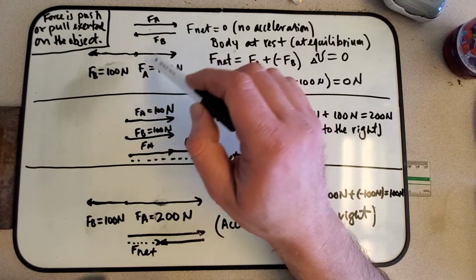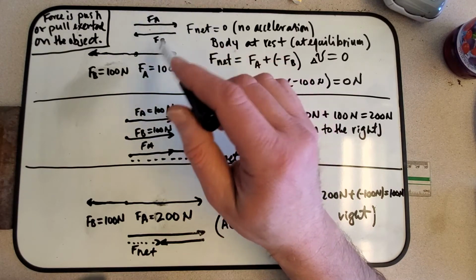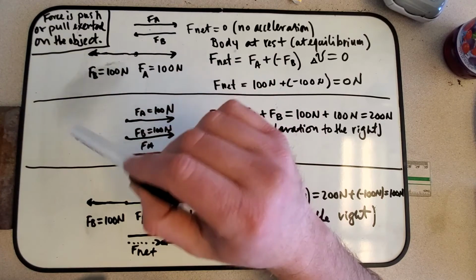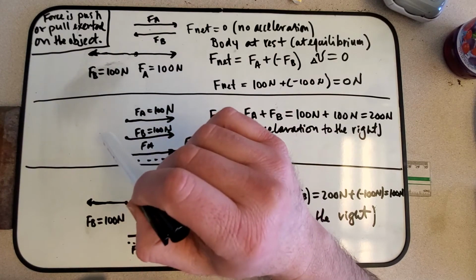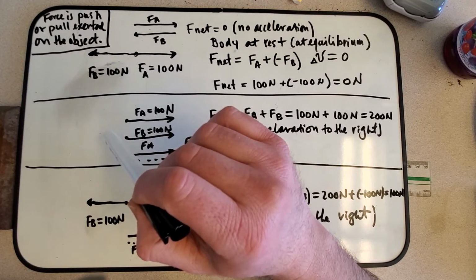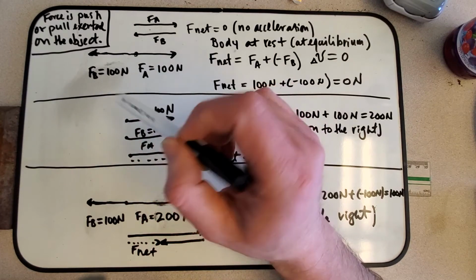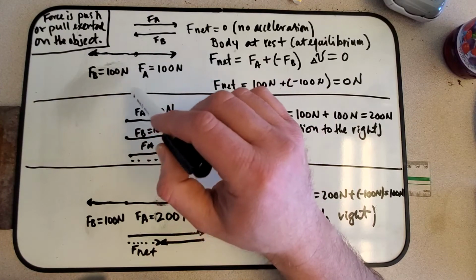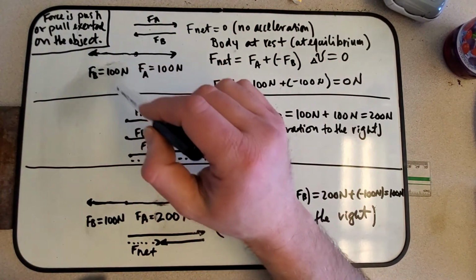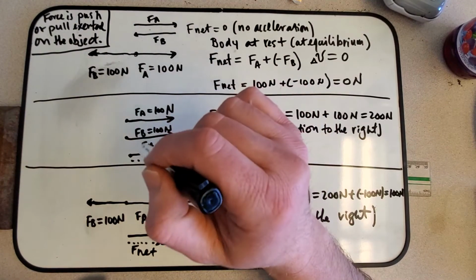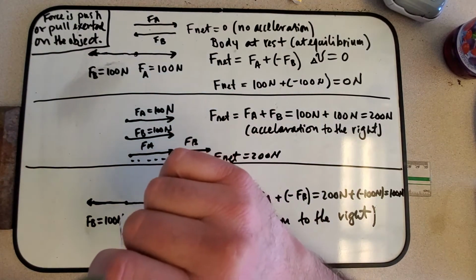One person pulls with 100 newtons, and the other person pulls in the opposite direction. Force is a vector. What does it mean? It has a direction and a magnitude. One person pulls this way, and with the same magnitude the other person pulls the other way. But remember from our previous discussion how we added the vectors.